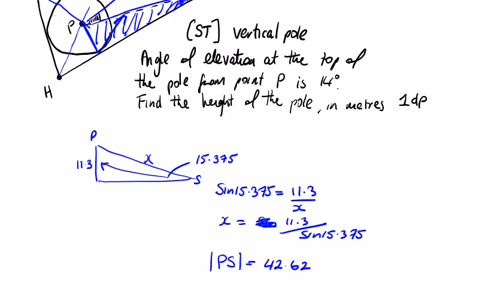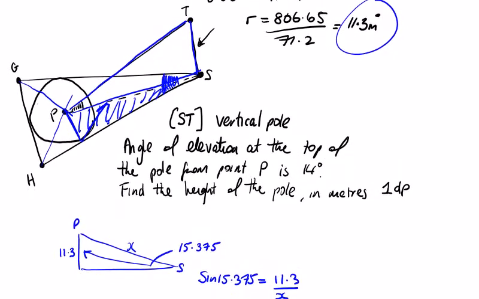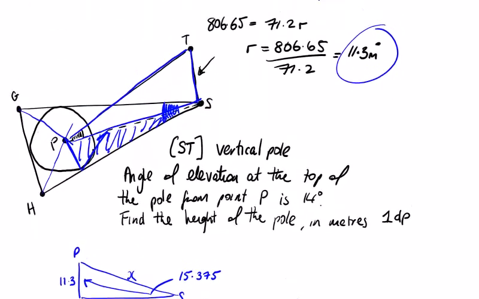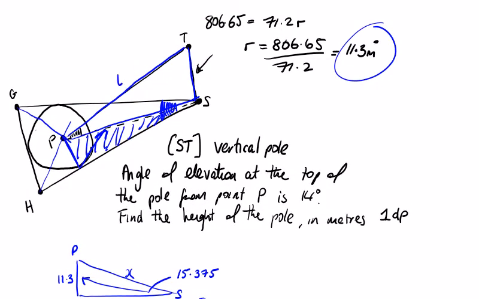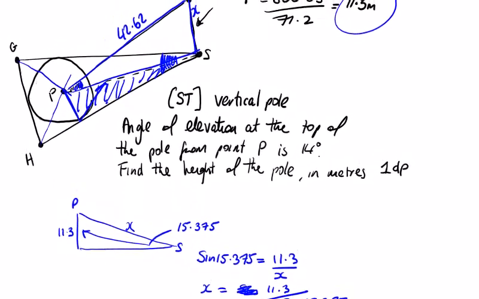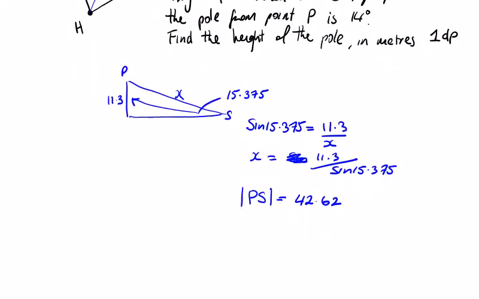So if we bring that information back up, 42.62, we're looking for this one here, we call that x as well. And we have this angle in here, so that's enough information for us. So let's just draw that triangle, the pole. This is PS, 42.62.